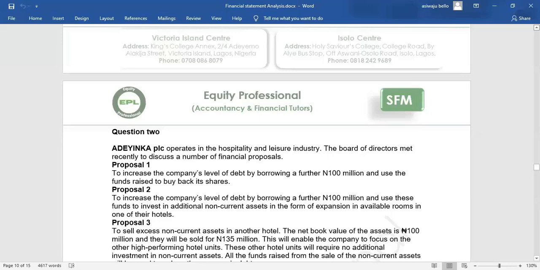Our asset turnover ratio is the measure of asset utilization efficiency. Then our financial risk multiplier is the extent to which the company has leveraged debt, the extent to which the company has taken advantage of debt.